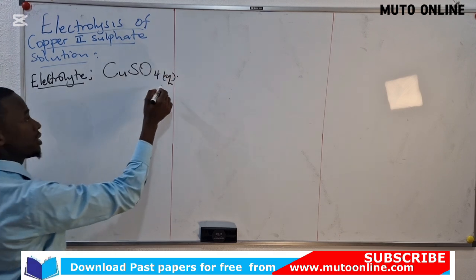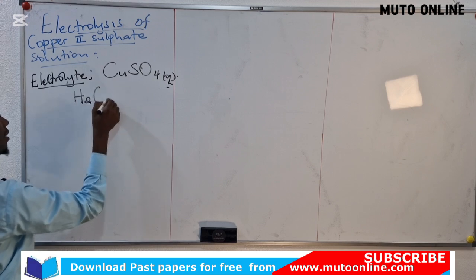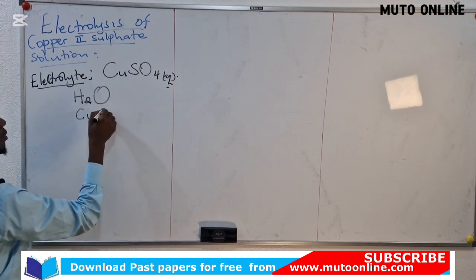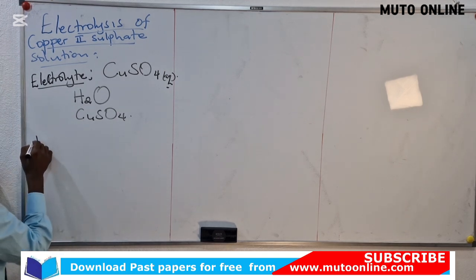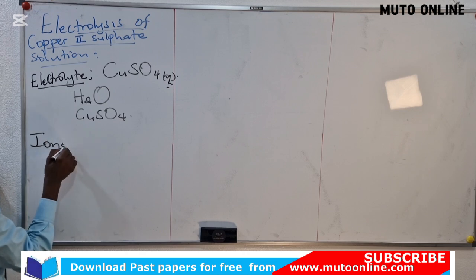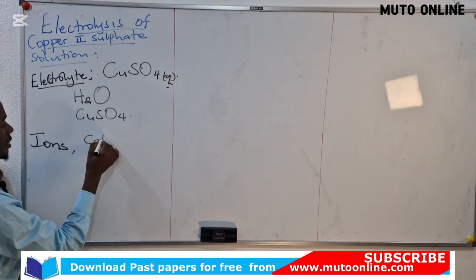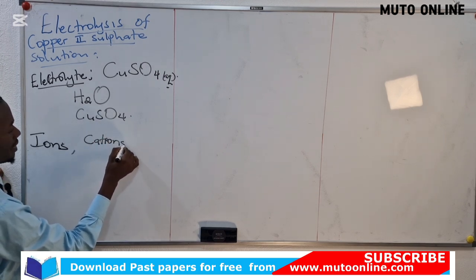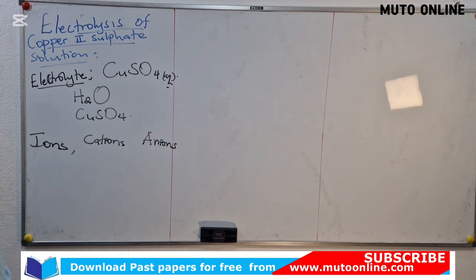Being a solution, it means we have water and copper II sulfate salts. This means the ions in this electrolyte, the two kinds of ions, we have the cations and the anions.